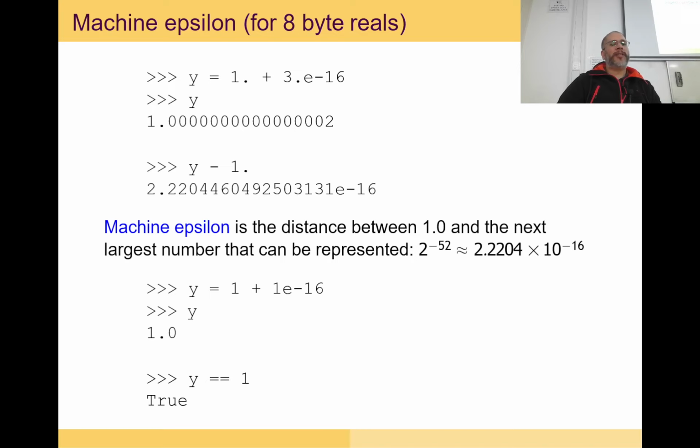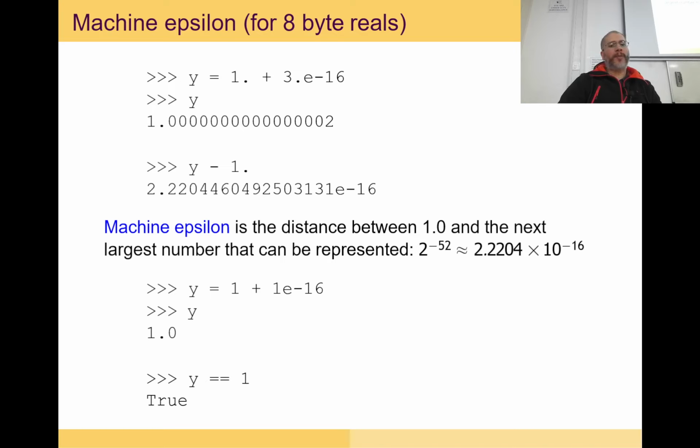And the reason is because this 3 times 10 to the minus 16 is not representable. If you add it to 1, then the closest representation in binary was this one. So if you subtract a 1 now, because it approximated the number 1.0003 with this 1.0002, you are left with that difference, which is the machine epsilon in this case.